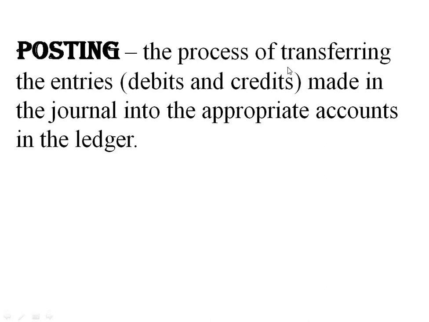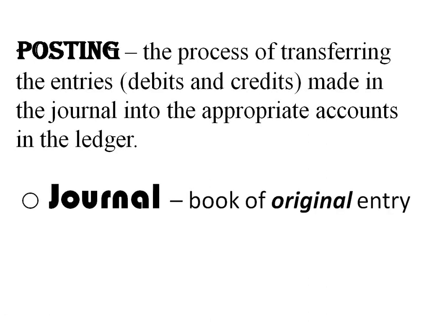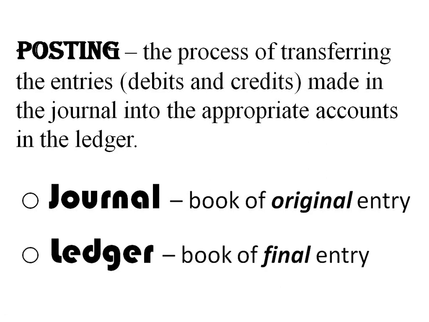From this, we should know that whereas recording transactions, the first phase of the accounting process, is done in a book called the journal, posting, the second stage, is done in a book called the ledger. For that reason, the journal is described as the book of original entry, while the ledger is known as the book of final entry.